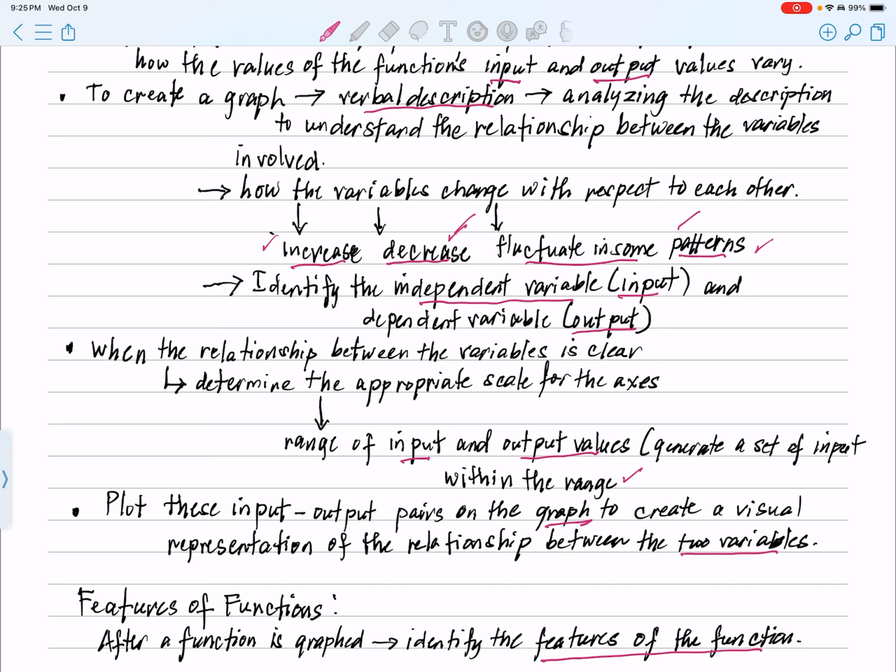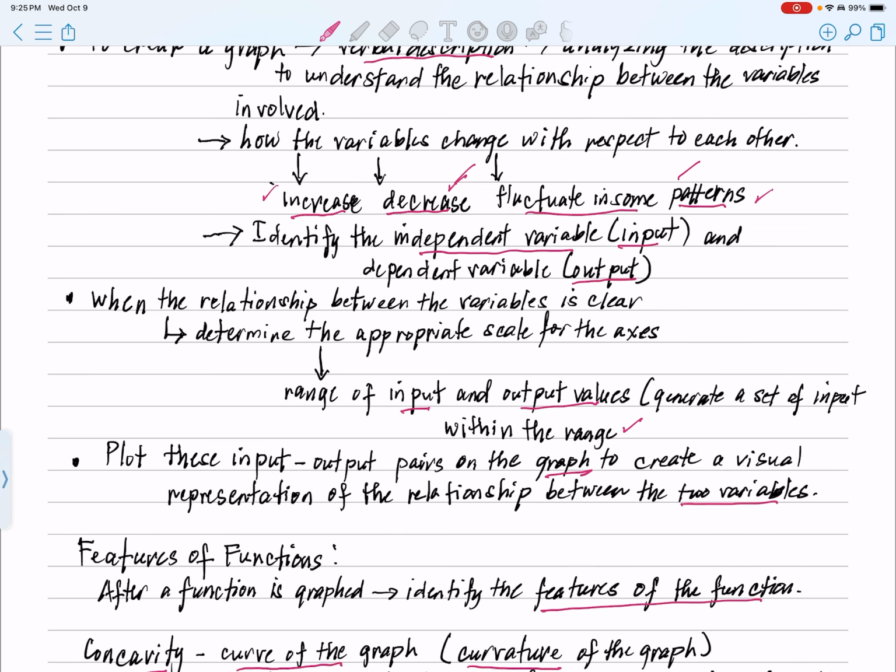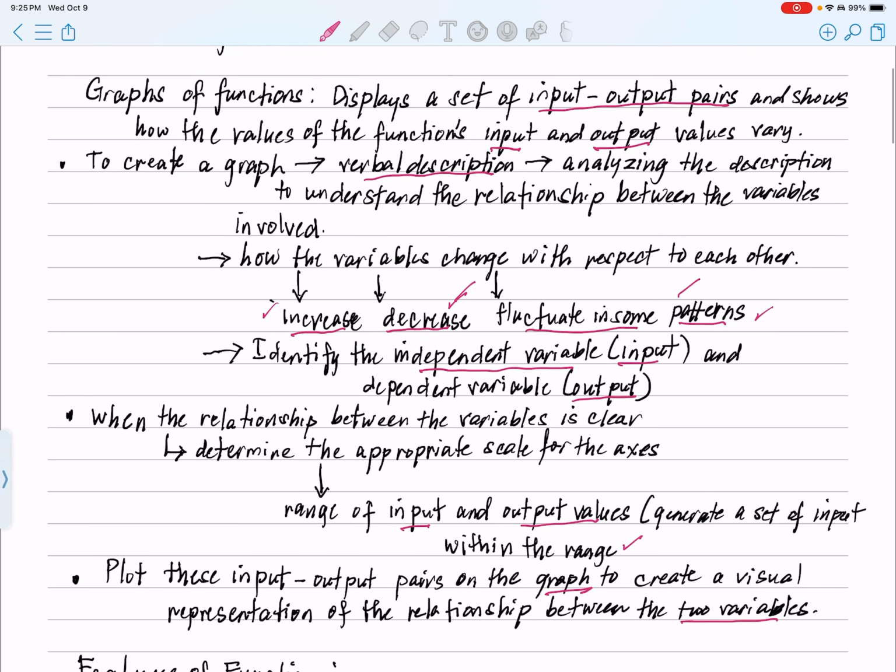But you can generate it using the calculator. Then plot the input and output pairs on the graph to create a visual representation of the relationship between the two variables. This is what we did in part 1.